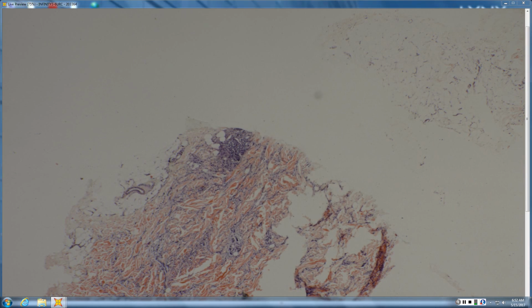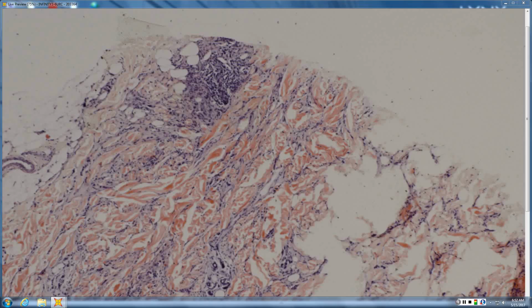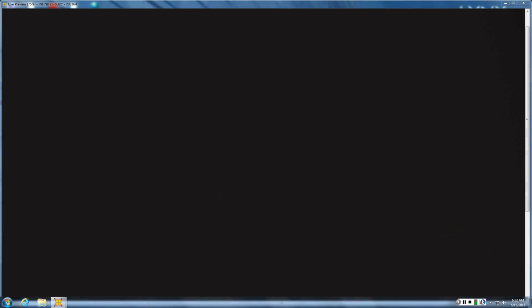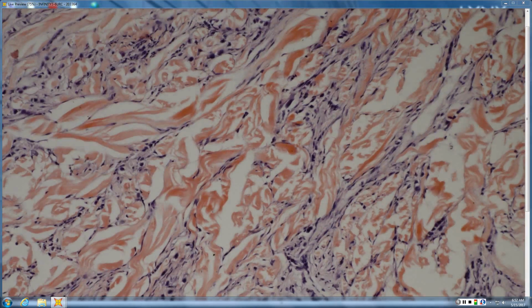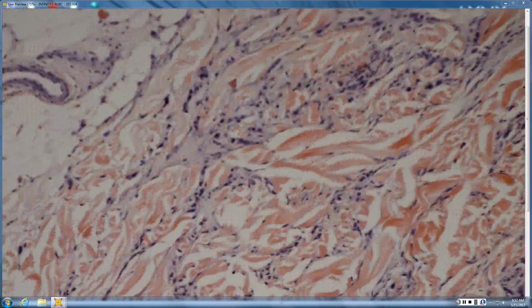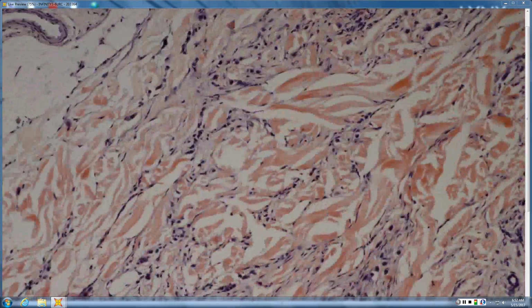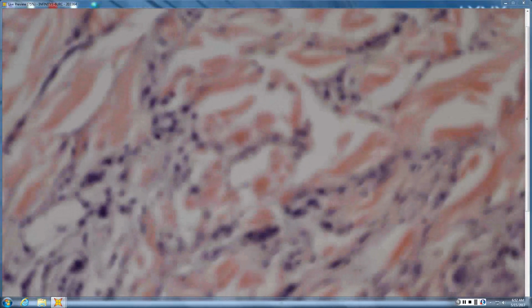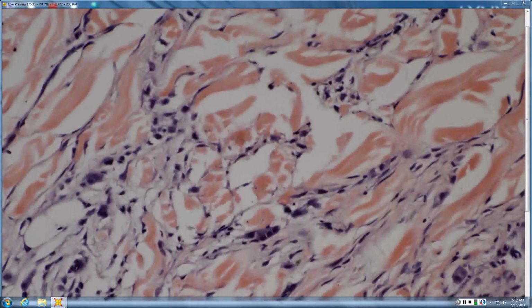So you get lymphoid aggregates. That's usually not good either. And then as we get closer in, you can really make out these atypical cells. And this one, not as much, but they are forming little single file boxcar arrangements. And I'll go ahead and pause. You can get a little bit better focus if need be.